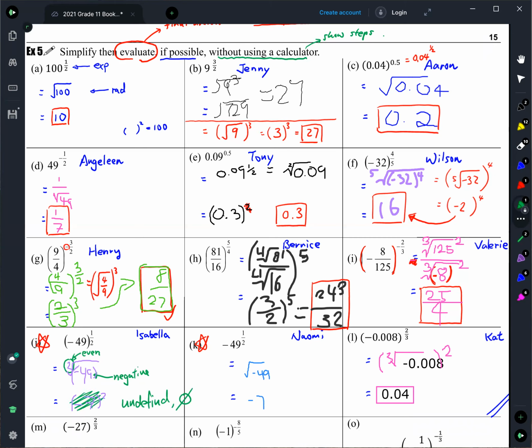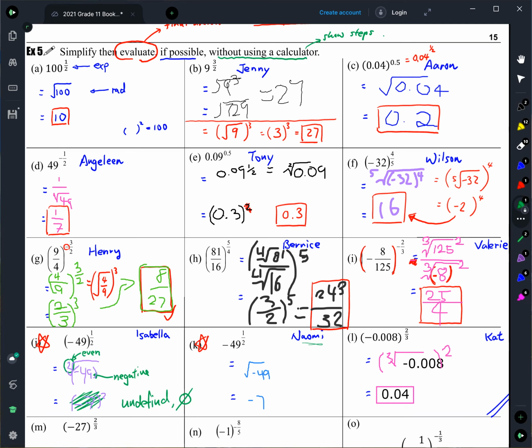Now question K, this is for Naomi. There's no brackets. Naomi, question K and J are different. There's no bracket for K. So what do you think we should do when we write it as radical? Can you turn on your mic? If there's no bracket, how do we write it in radical form?